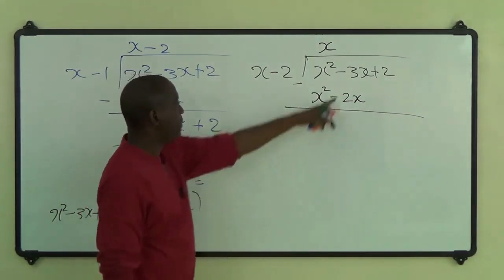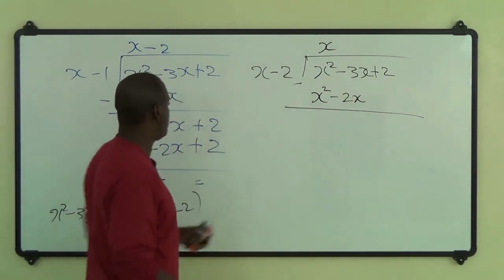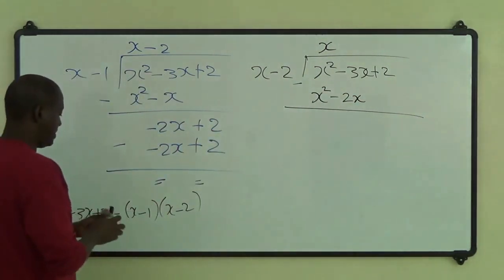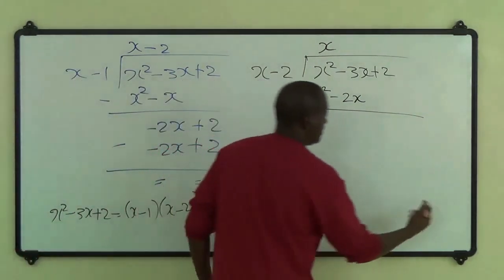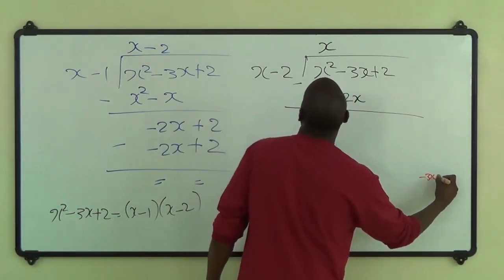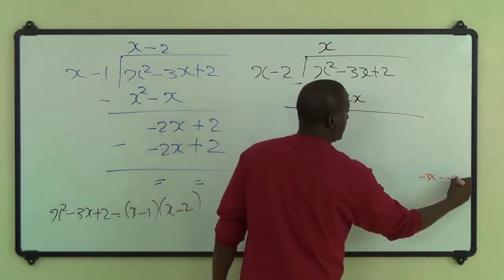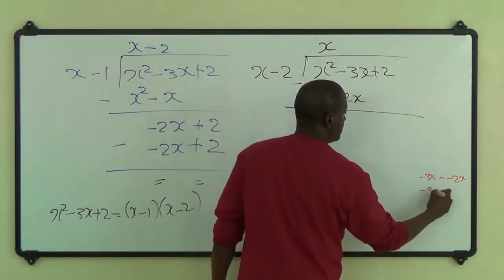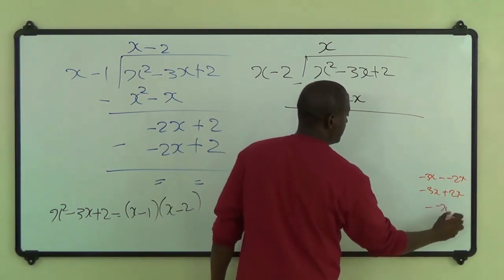And again, we take this minus 3x minus 2x. And just as we did in the previous example, we go in a little corner and do it. So we're saying that minus 3x minus minus 2x is minus 3x plus 2x, which is minus x.